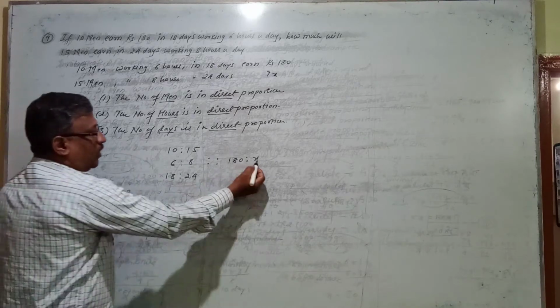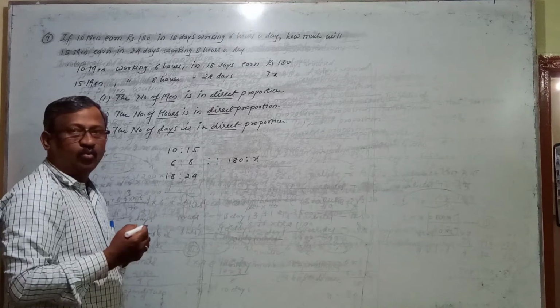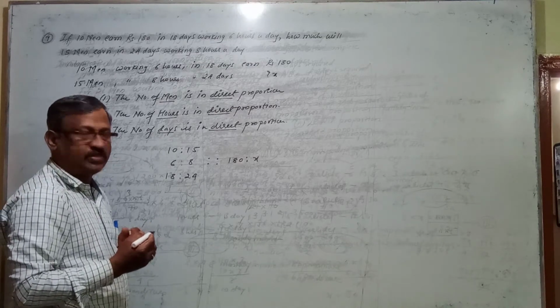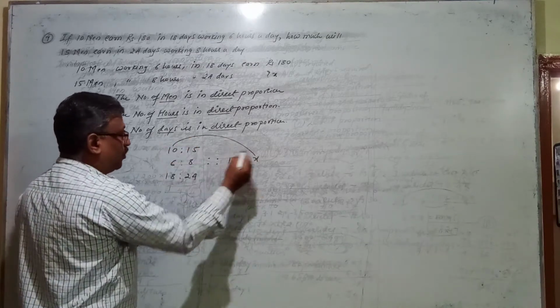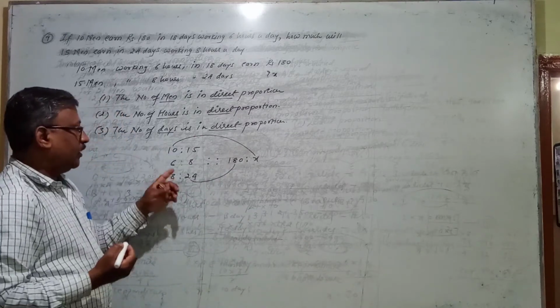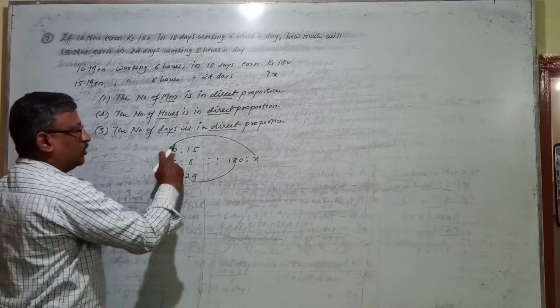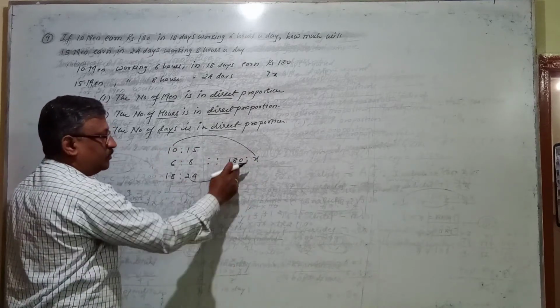Now to find out the value of X, what do you have to do? You have to apply the rule of proportion. What does the rule say? In proportion, the product of extremes is equal to the product of means. The first and last terms are called extremes, and the middle terms are called means.